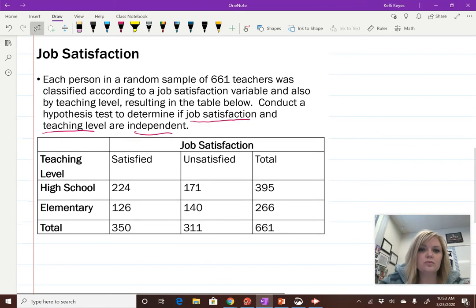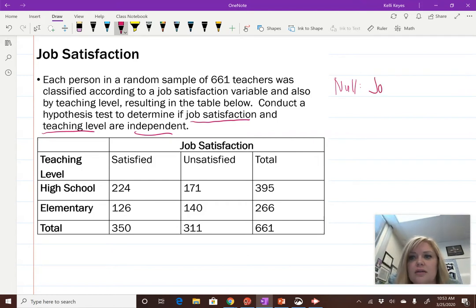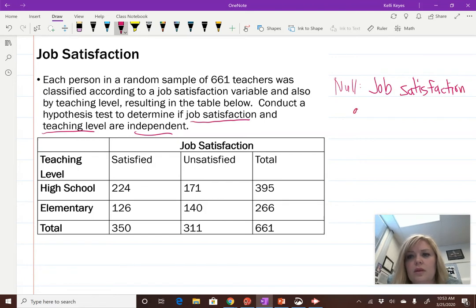So then my null hypothesis here will be, sorry, it's hard to write and talk at the same time. Job satisfaction, we'll write neatly, I should say. And teaching level.